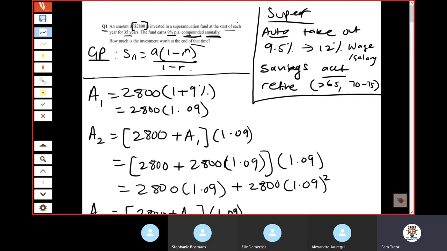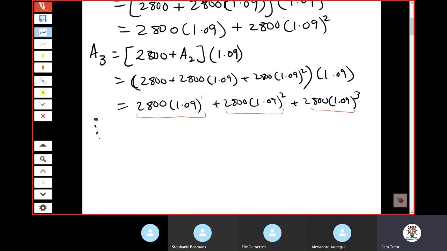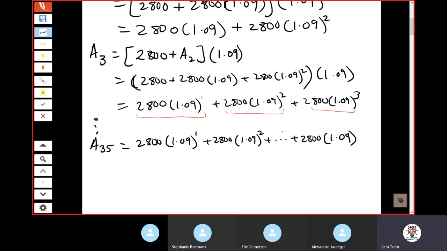We're going to work out for 35 years. Obviously, we're not going to do this 35 times, so we have to work out a way to generalize this. And it's not that hard. A35 is going to start with what? 2,800 times 1.09 to the power of 1, plus 2,800 times 1.09 to the power of 2, plus ... until 2,800 times 1.09.